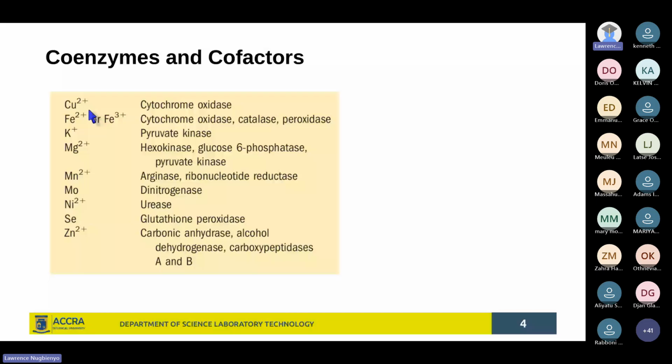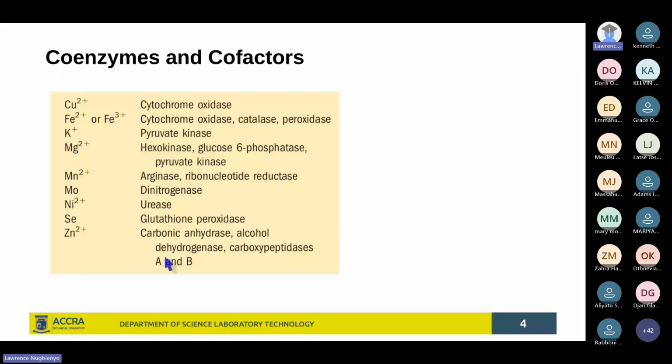We see all the ions over here: the copper ions, the iron ions, potassium, magnesium, manganese ions, some molybdenum, nickel ions, selenium, zinc ions. All of these serve as cofactors to some specific enzymes, which are listed here.